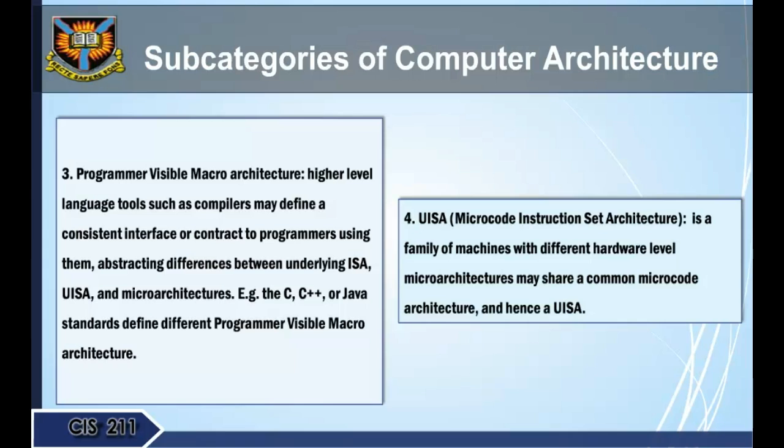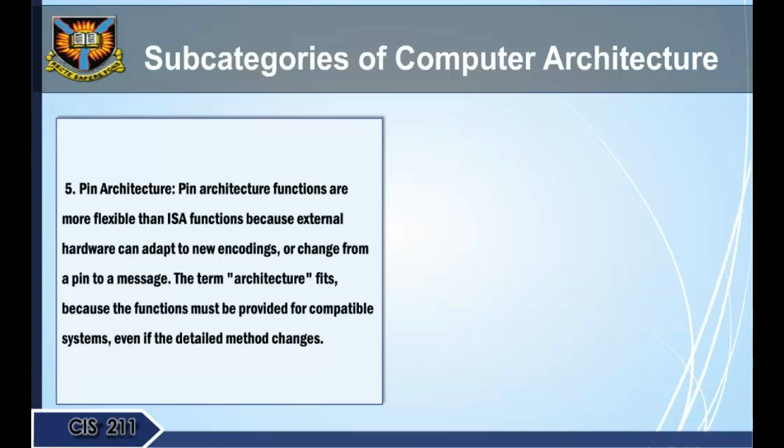UISA, microcode instruction set architecture, is a family of machines with different hardware level microarchitectures that may share a common microcode architecture and hence a UISA. 5. Pin architecture. Pin architecture functions are more flexible than ISA functions because external hardware can adapt to new encodings or change from a pin to a message. The term architecture fits because the functions must be provided for compatible systems even if the detailed method changes.